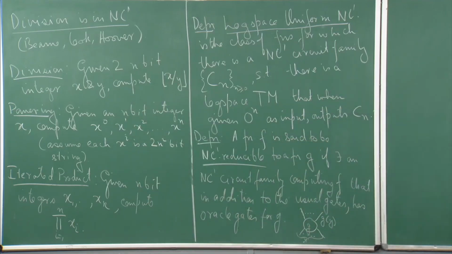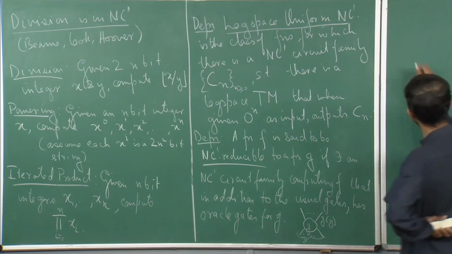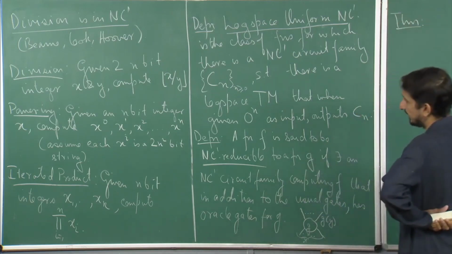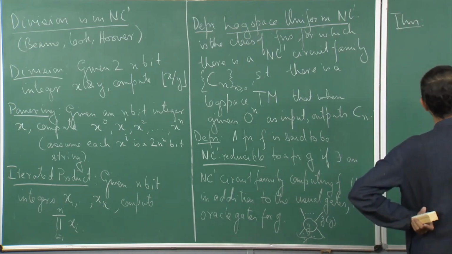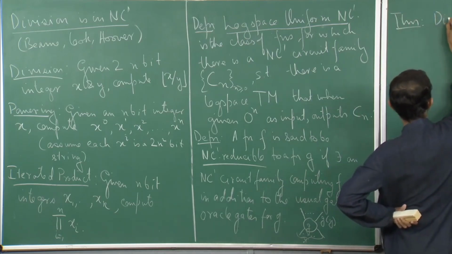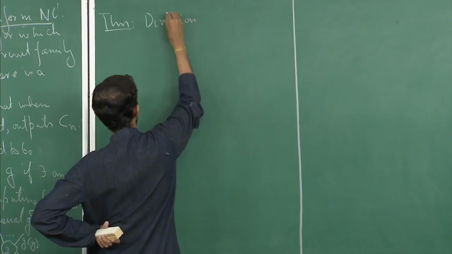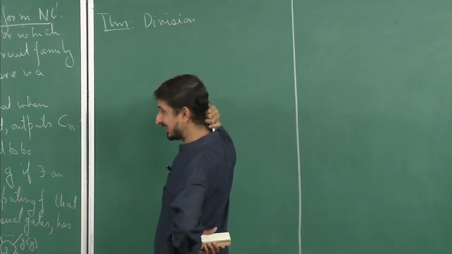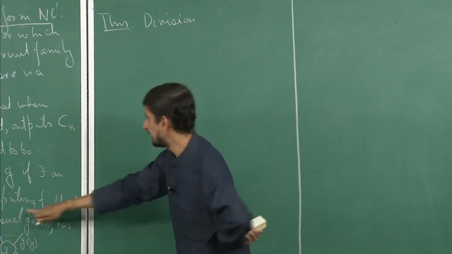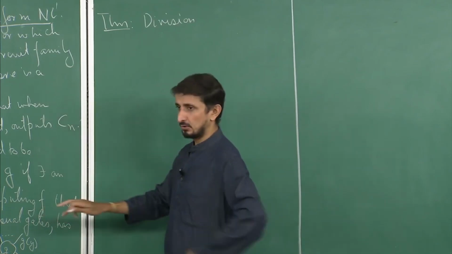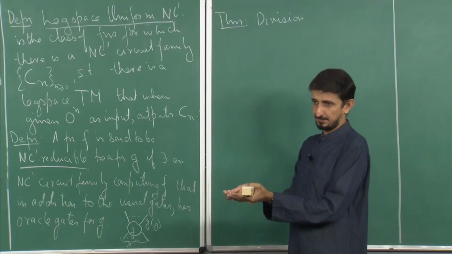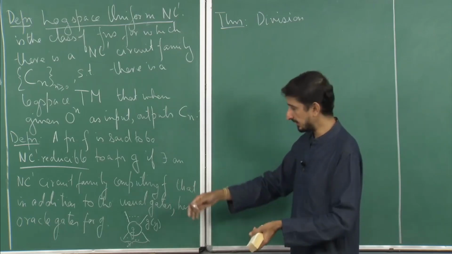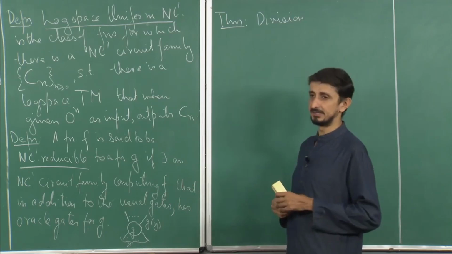So, let us get started. First, we will show that division reduces to powering. It is an NC1 circuit family computing f, but in addition to the usual gates it also has oracle g gates.